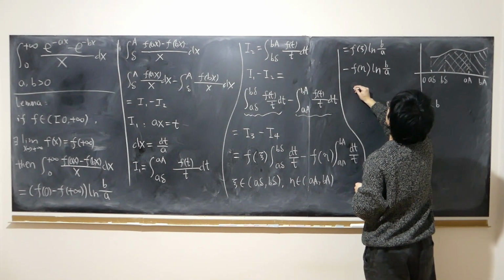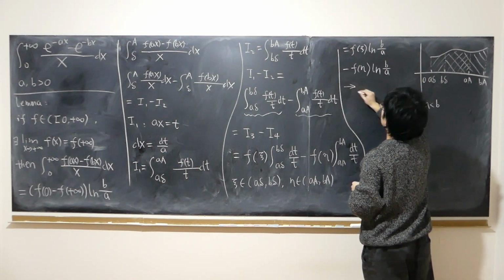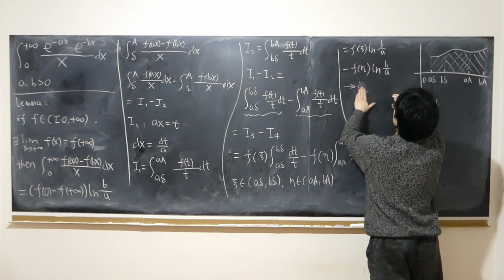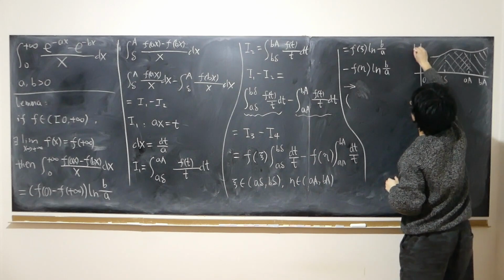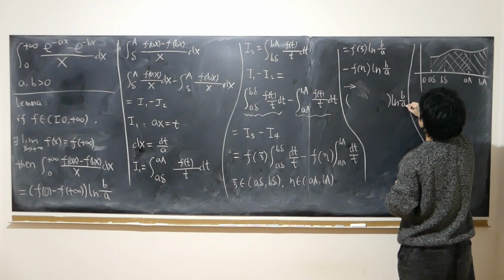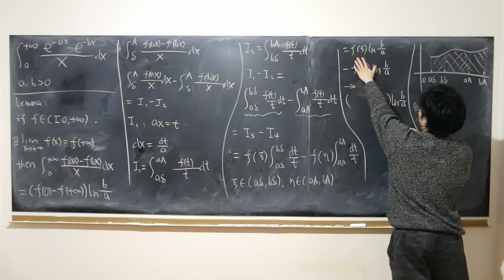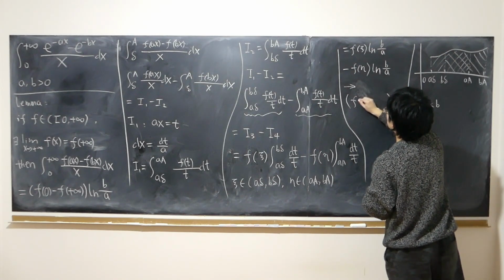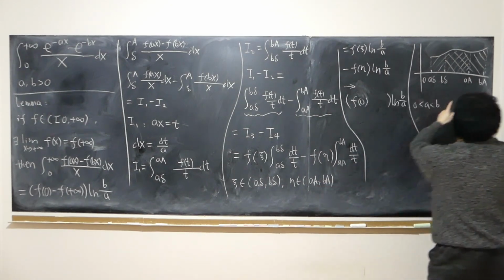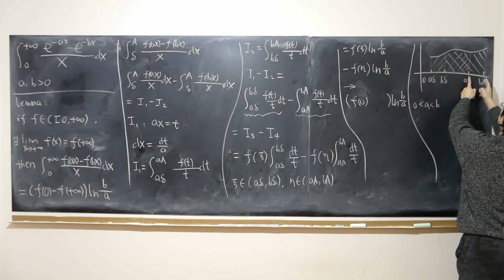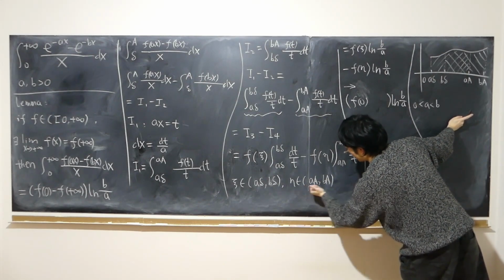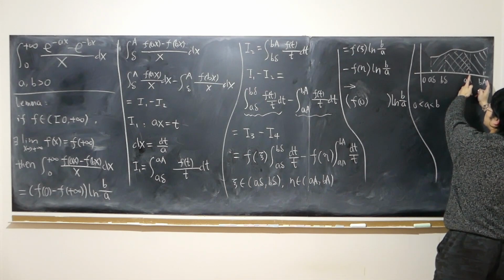So let me just write, first of all I'm going to extract log of b over a out here. Then this guy will approach f of 0. And then as capital A approaches positive infinity, a times capital A and b times capital A both approach positive infinity, and eta is squeezed in between, so eta will automatically also approach positive infinity.